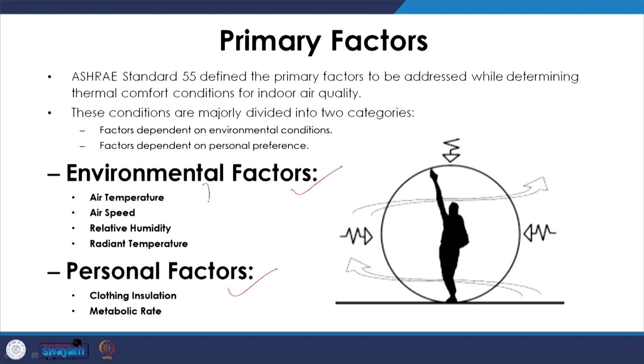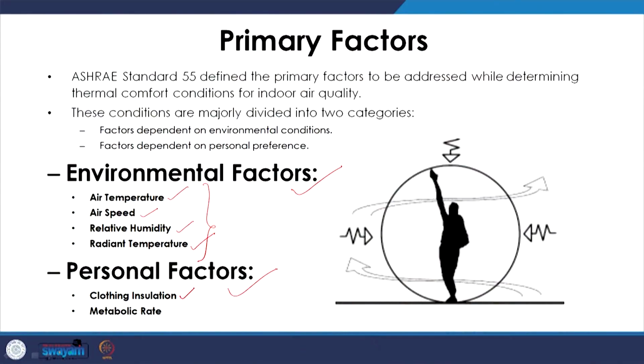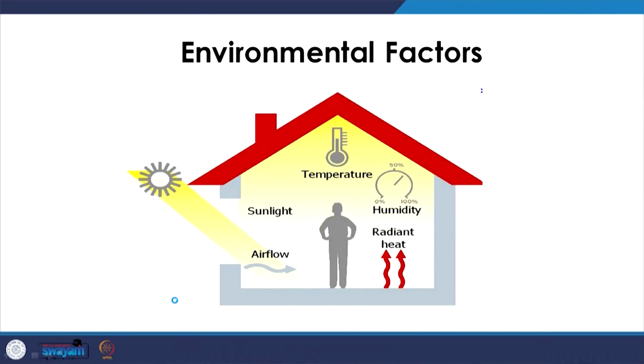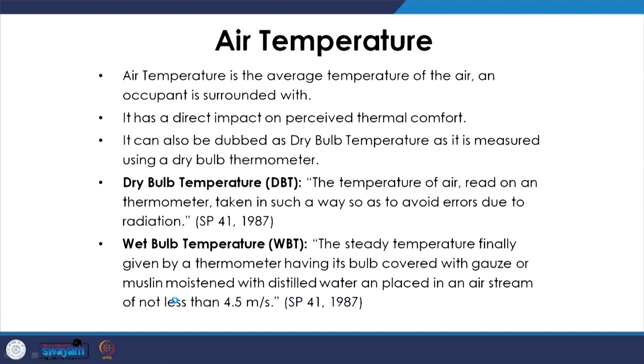There are four environmental factors: air temperature, air speed, relative humidity and radiant temperature. In addition to these more predominant environmental factors, we also have clothing insulation and metabolic rate. Together these six parameters interact to determine whether a person will be experiencing thermal comfort or not. Now, let us look at each of these primary factors individually.